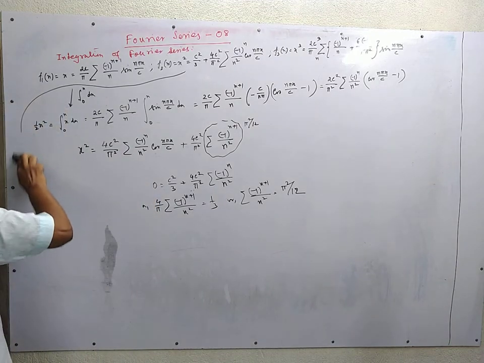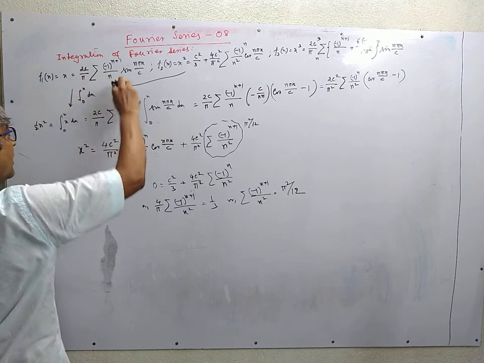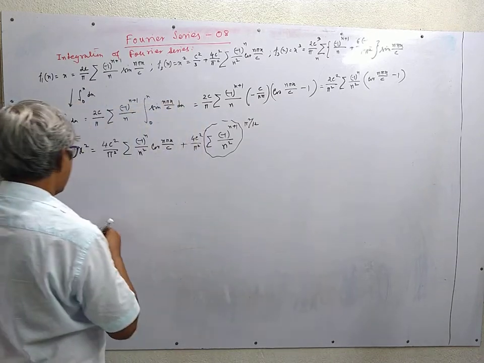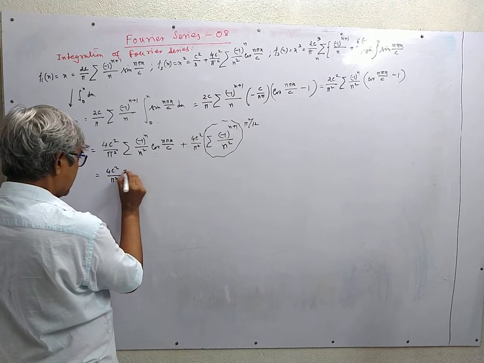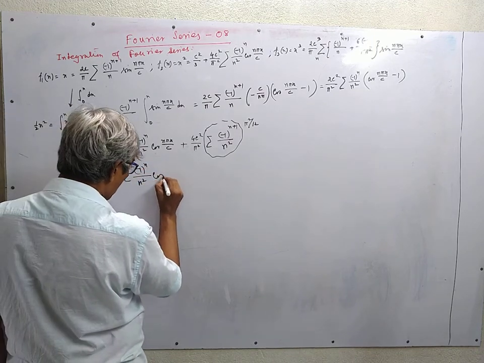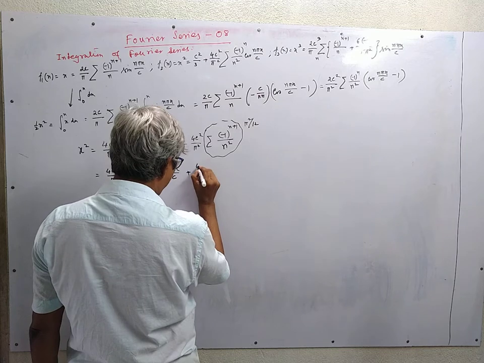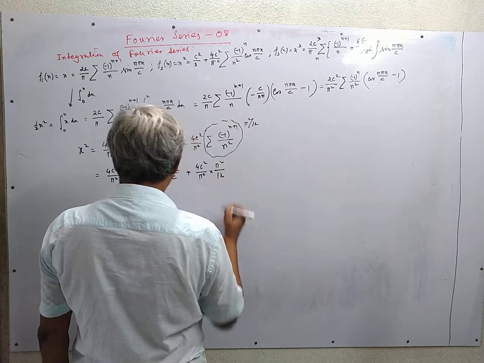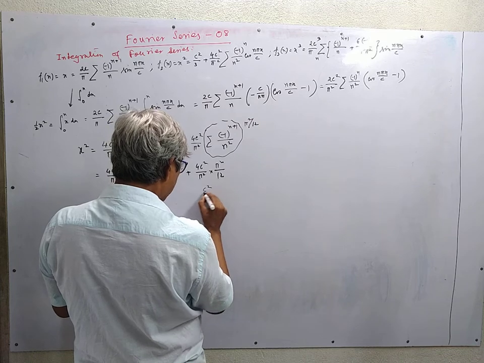So we will have 4c square by pi square, summation over n, minus 1 to the power n square, cos of n pi x by c, plus 4c square by pi square into pi square by 12. So this part becomes c square by 3.